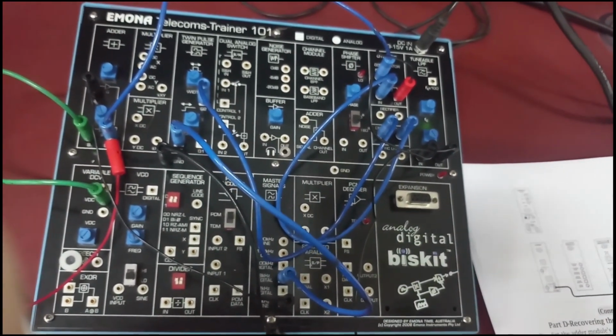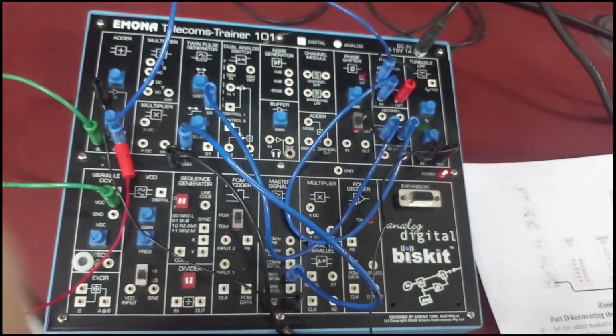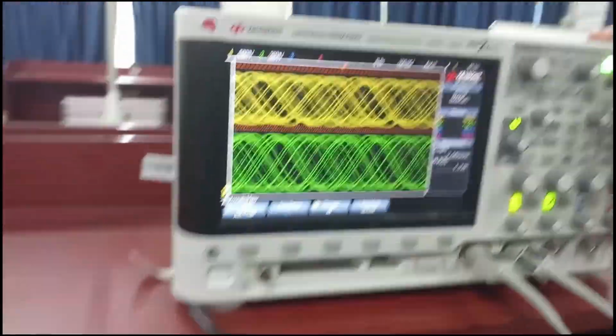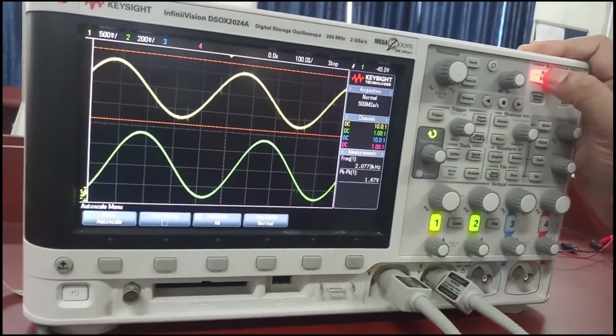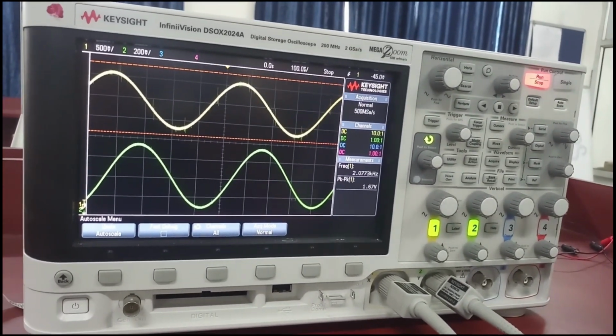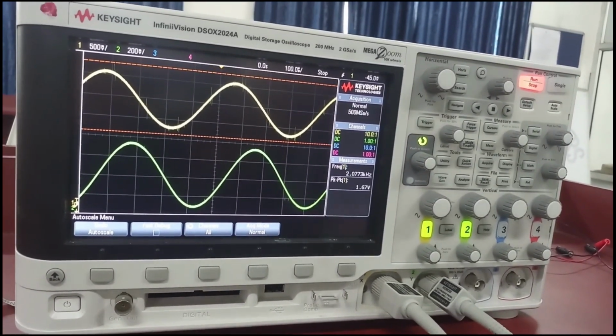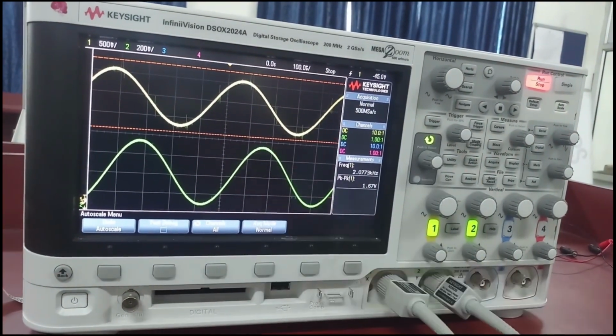Okay, so now see, this is the recovered AC analog input voltage, channel 2, channel 1.